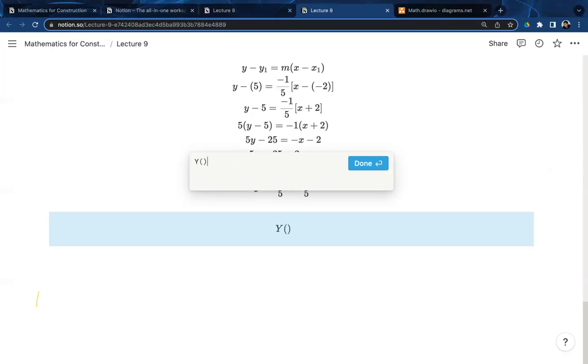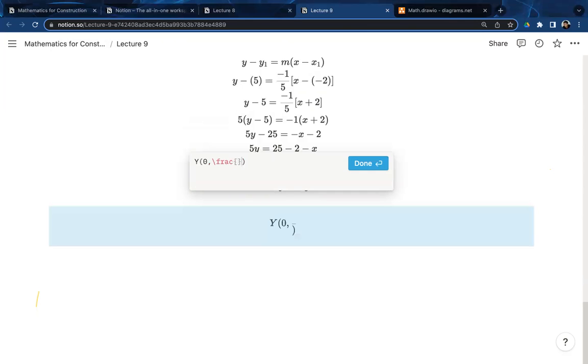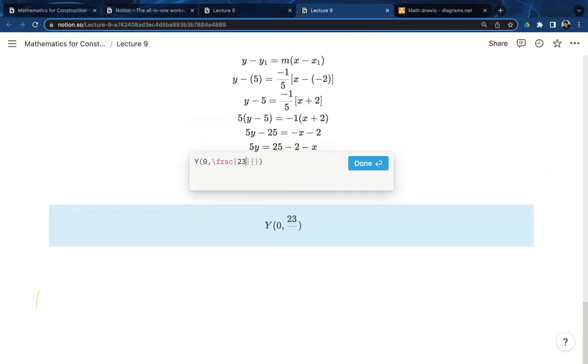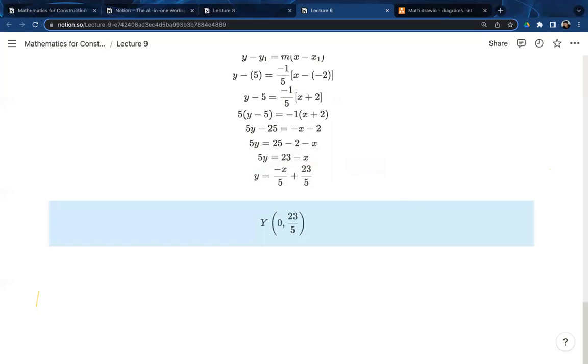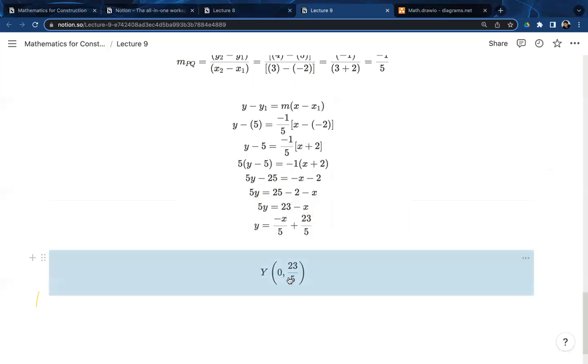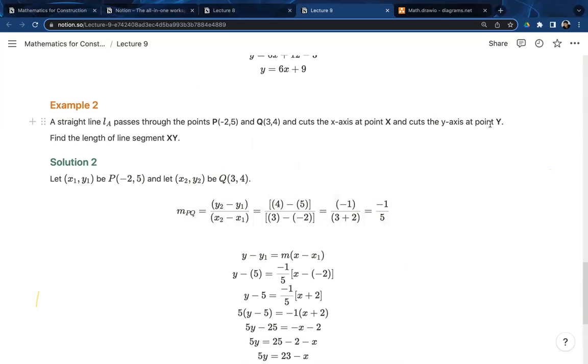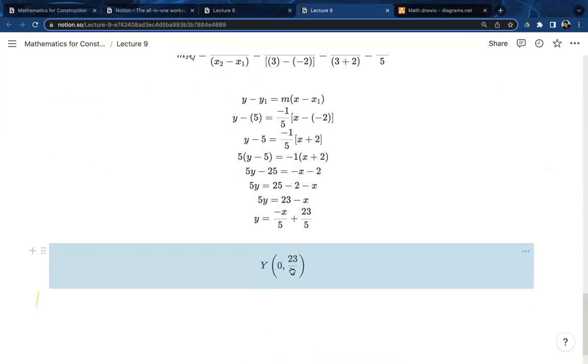What's the coordinates of y? It's a y-intercept, so the x value is 0 and the y value is 23/5. So there's the coordinates of y here, because y is where it cuts the y-axis.